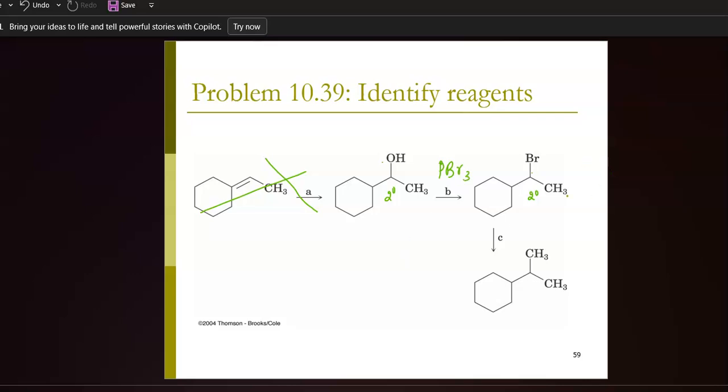And then to go from here to here, you can use a Gilman's reagent, CH3 twice copper lithium. You can get rid of the bromine and put a CH3 group over here. I'll put the color here to show that one of the CH3 groups has come from our Gilman's reagent.